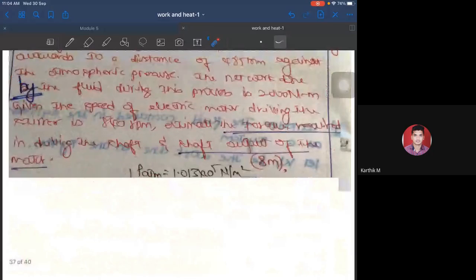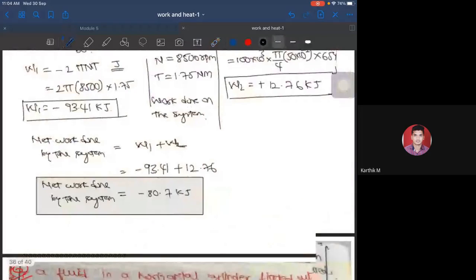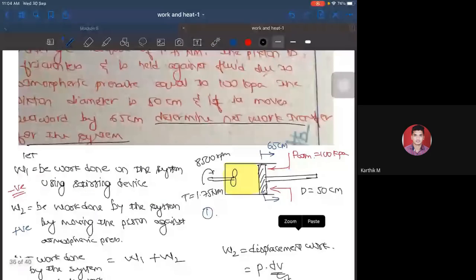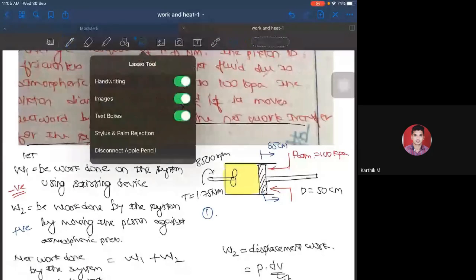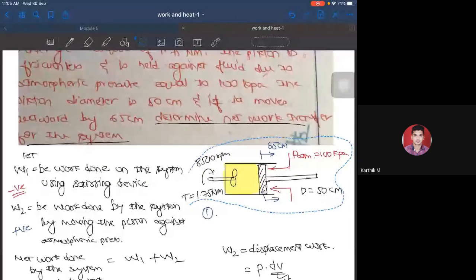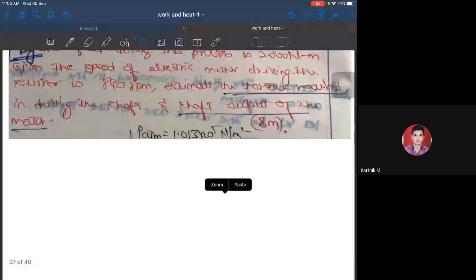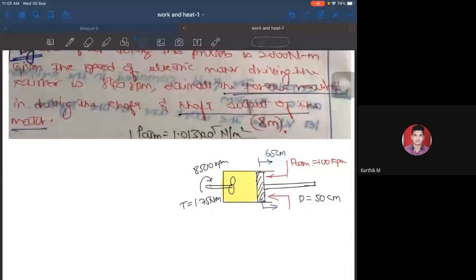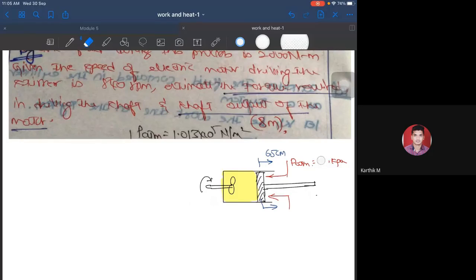Yes, same thing here. Let me copy this. What are the parameters given for this problem?